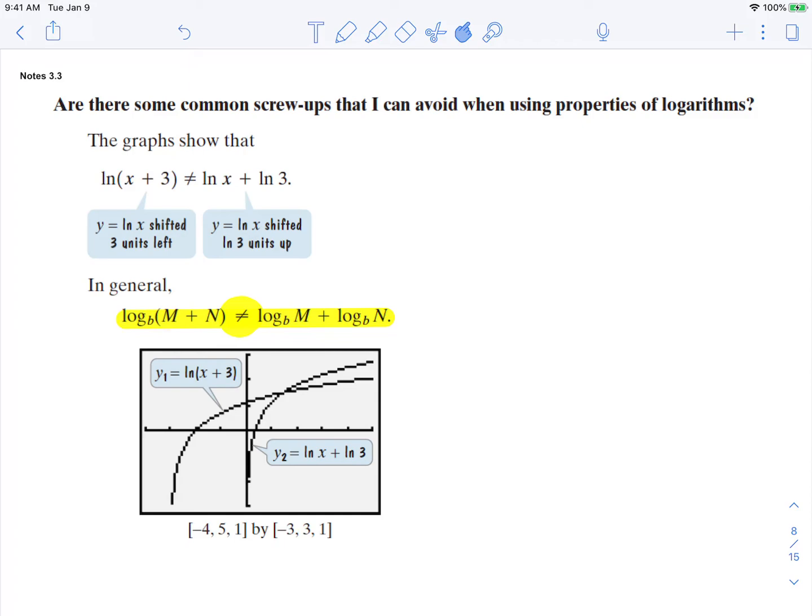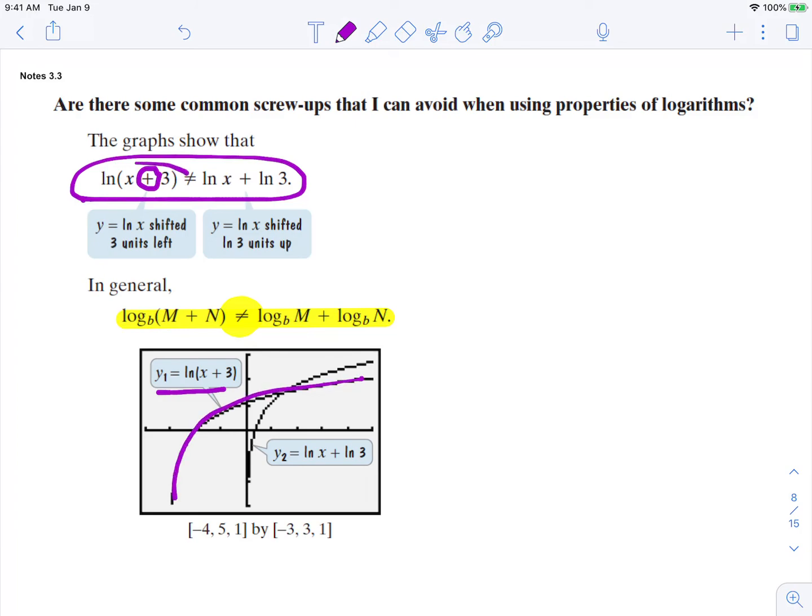Here is a visualization of sometimes how students may make a mistake thinking that the natural log of x plus 3 can be expanded into two separate logarithms. This is an addition symbol, it's not multiplication, so they are not the same. So if we look at them graphically, here is your first function graphed out.